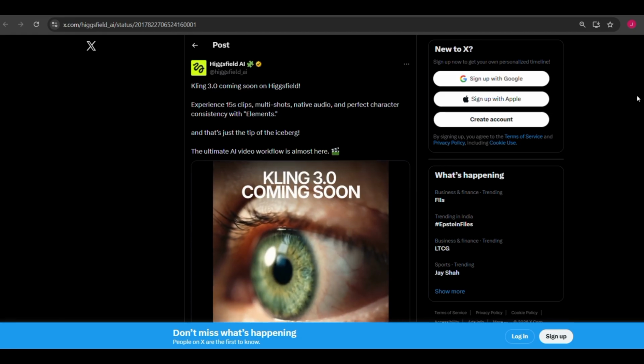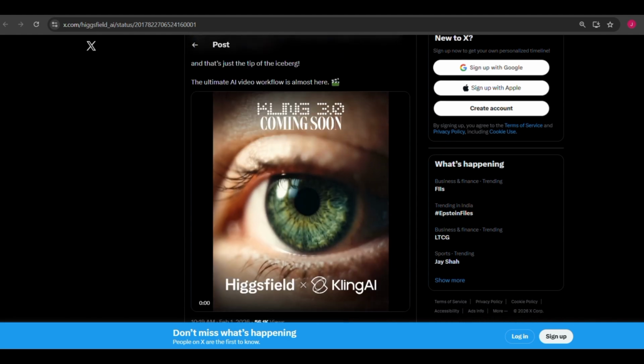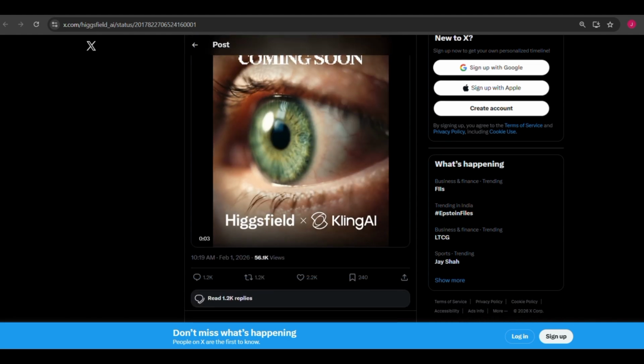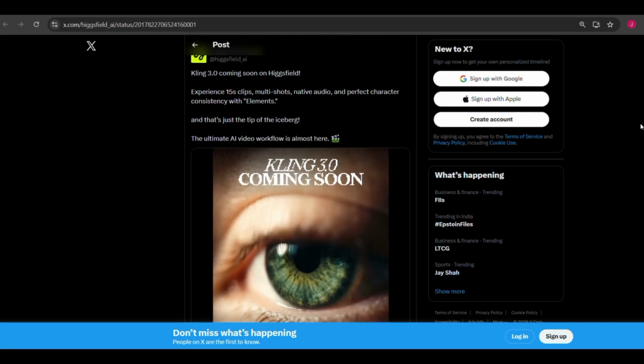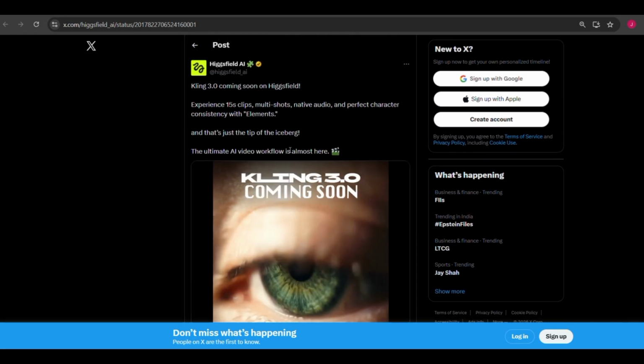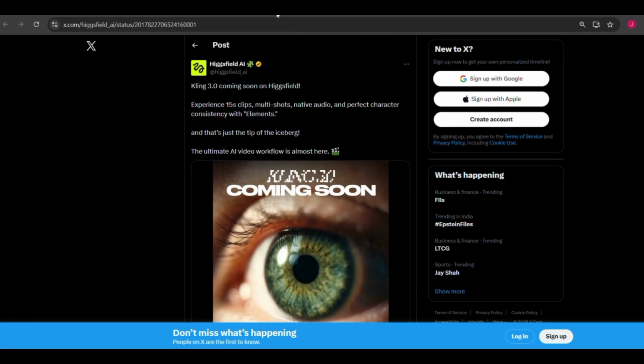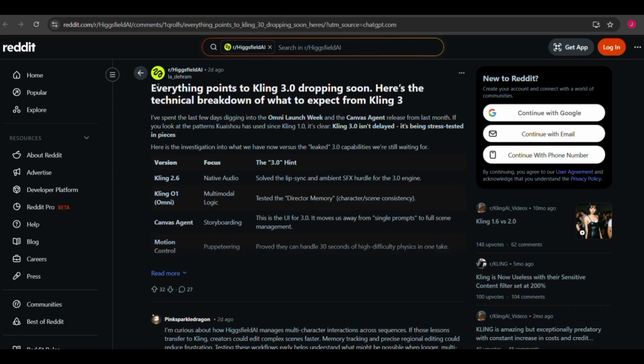Creators are also watching closely for multi-shot customization. The idea here is generating sequences that actually feel like they belong together: consistent characters, consistent environments, and logical shot progression. If Kling 3.0 delivers strong multi-shot continuity, it could set a new benchmark for AI video tools across the industry.